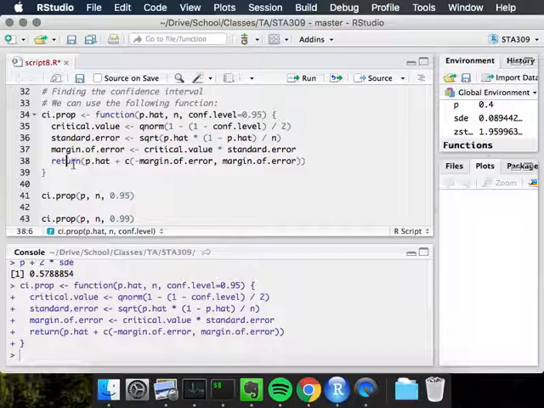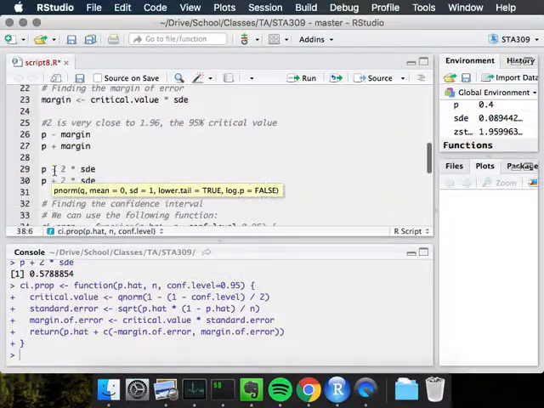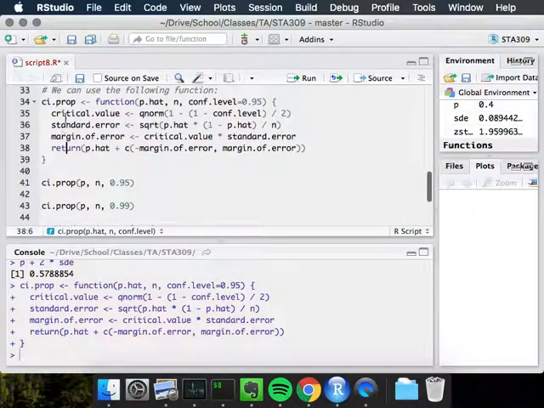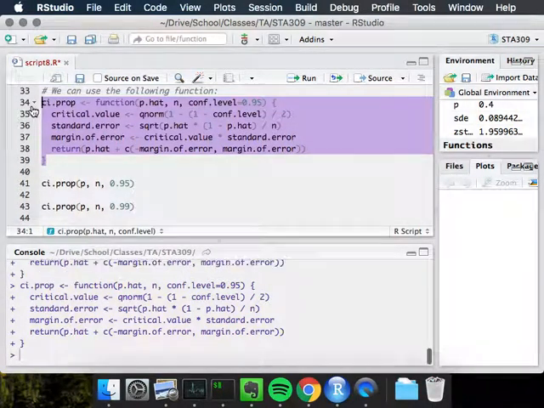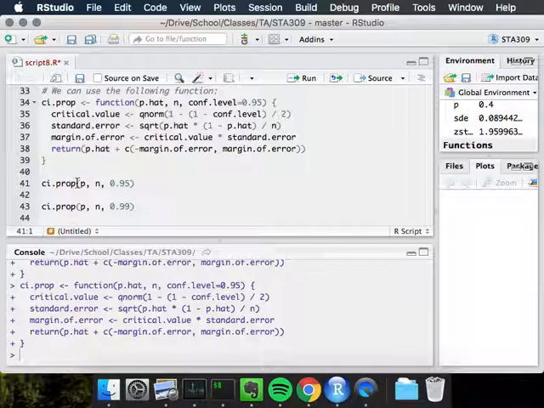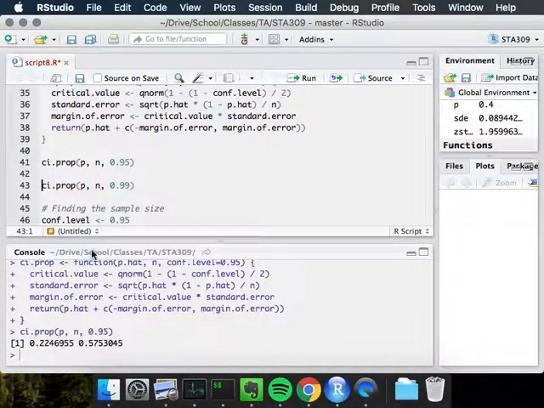Basically this function does all of what we did above for you, so you don't have to type that every time. You run it once, and then when you want to find the confidence interval for some proportion and some number of people n, at a 95% confidence level, you can just run this function. And we get the number that we calculated before: 0.22 something and 0.57.